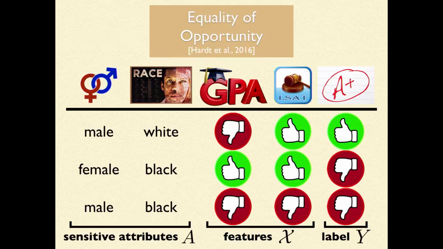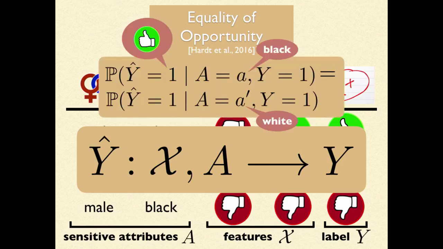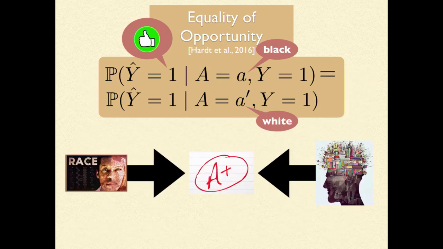In a recent work out of last year's NIPS called Equality of Opportunity by Hardt et al., they propose a different fairness mechanism. They say, okay, why don't we construct a predictor based on features and sensitive variables? But crucially, we're going to make sure that for this predictor, we're equally accurate for different races. In particular, equally accurate for predicting law school success. But what if race also influences law school success?